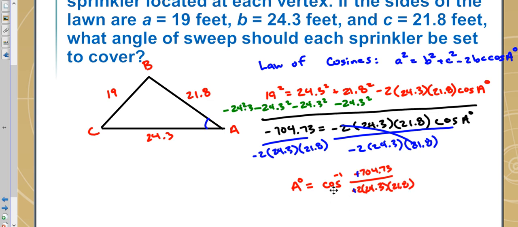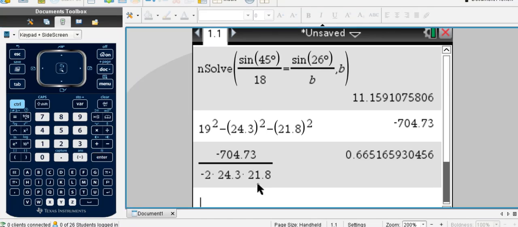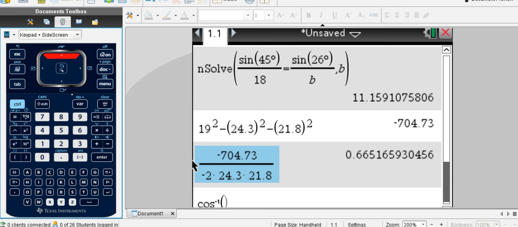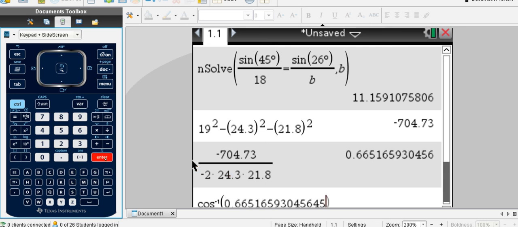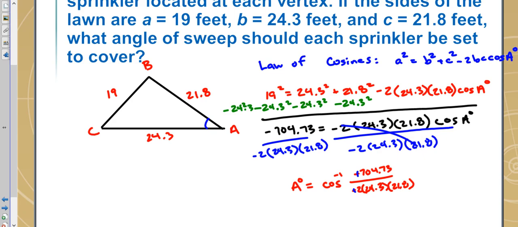So let's see if we do this cosine inverse of this amount, what we get. It's a trig, cos inverse. I'm going to go up and click our answer here. I get 48.3. Let's check our mode. We're in degrees. 48.3 degrees. So it's perfect. A equals 48.3 degrees.